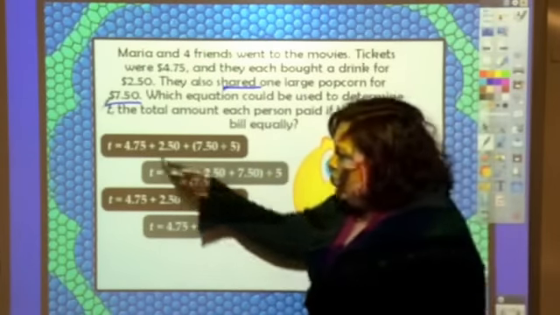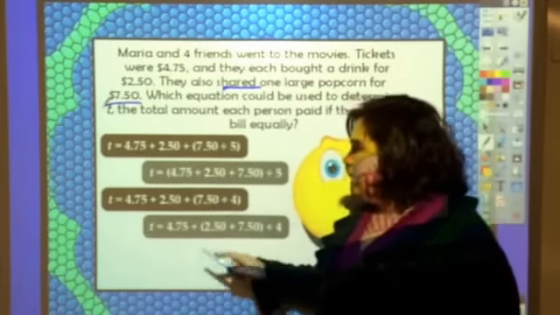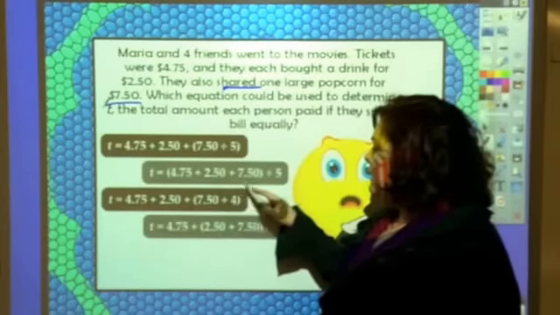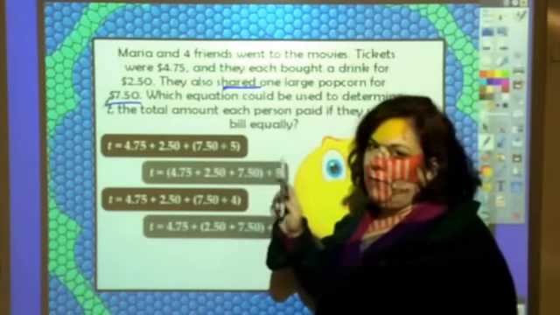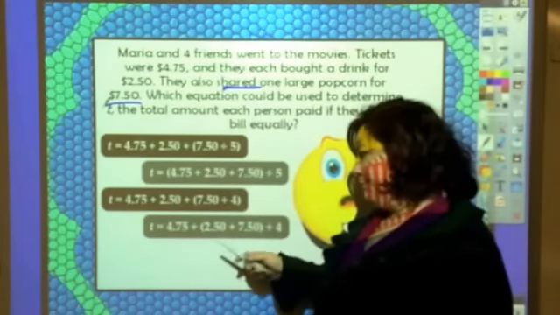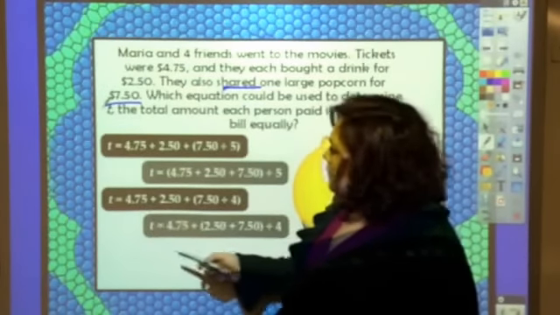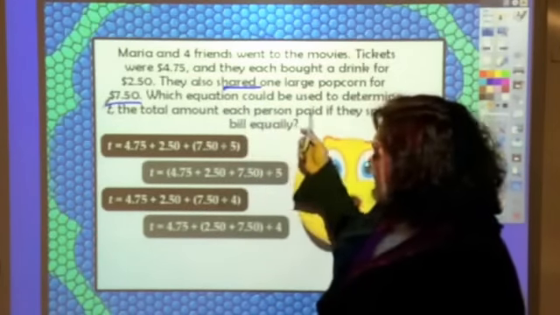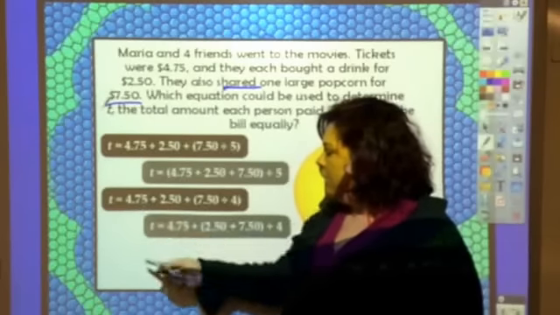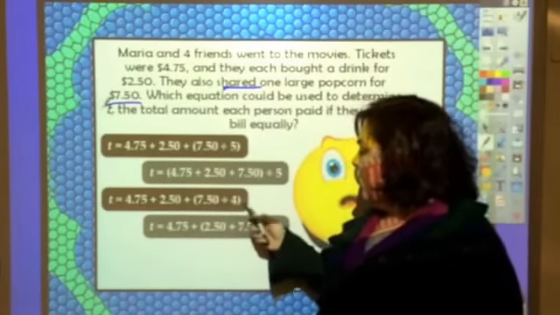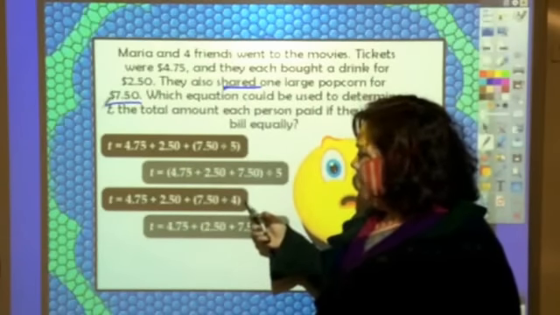No, they needed more tickets than that. This one, they bought the tickets, they bought the popcorn, they bought the drinks, and then they split it all. That would be no. This one, it's the total amount each person paid. So this is $4.75 plus $2.50, and then their portion of the popcorn.